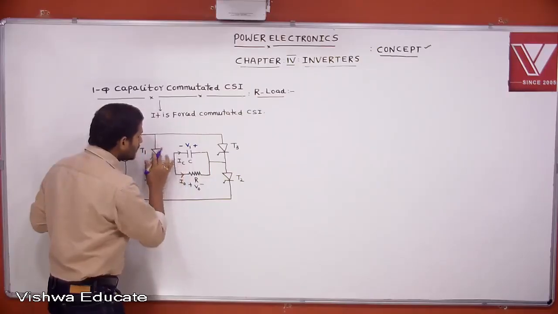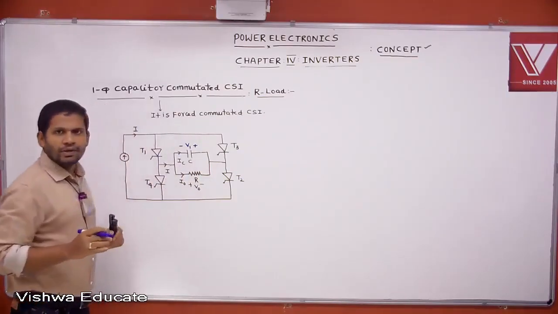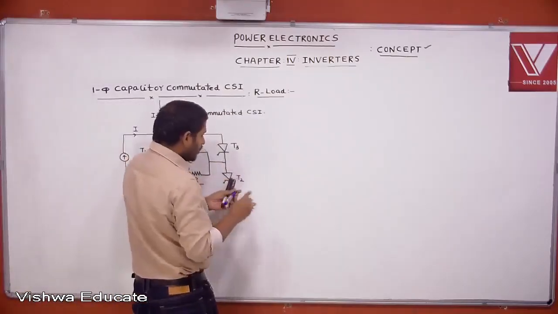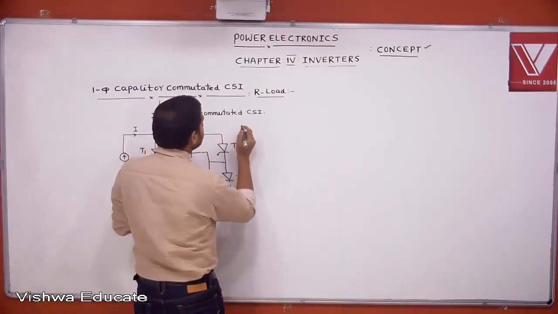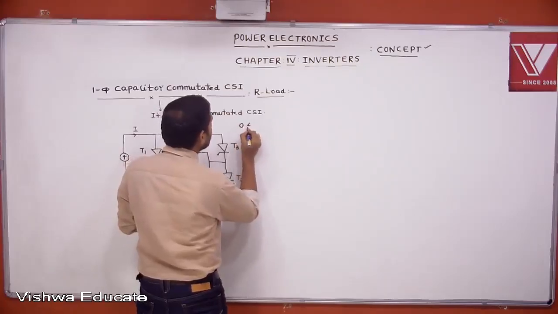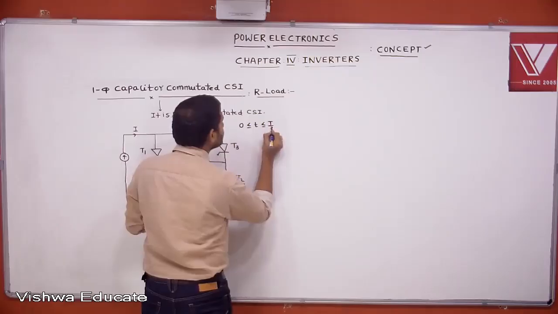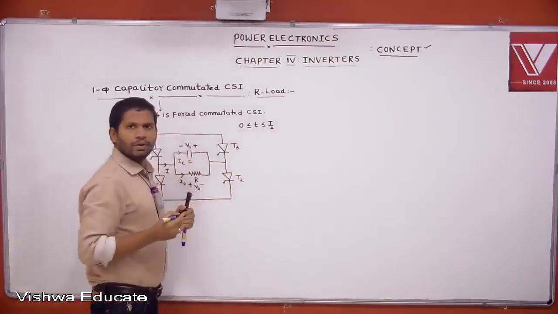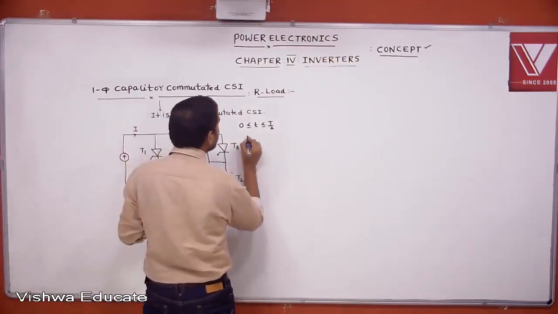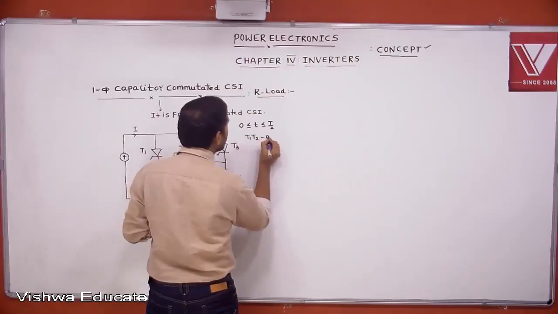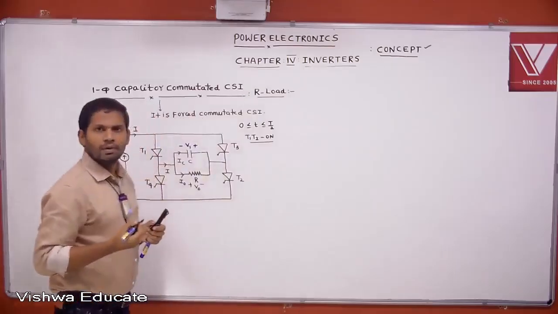This is I. Then we can switch this circuit in such a way that, for example, for 0 less than or equal to t less than or equal to T by 2, we turn on T1 and T2. Here there is no need to draw the equivalent circuits, I am giving it directly.